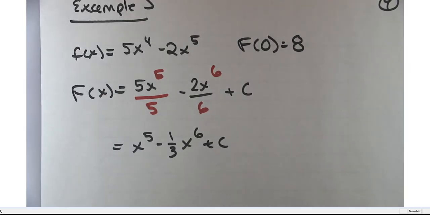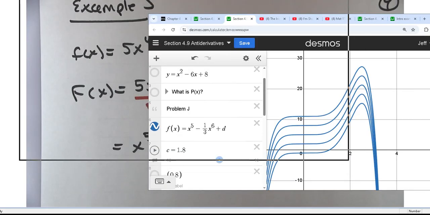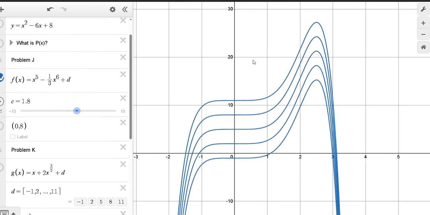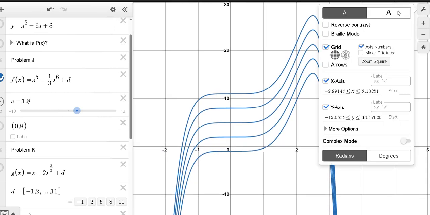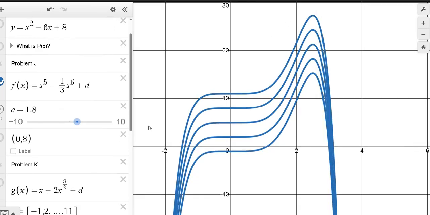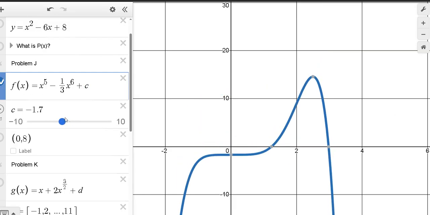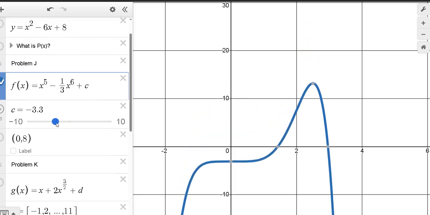So let's try and understand the implications of that. Depending on the values that you choose for your constant, you can get a lot of different curves here. So let me change this to a C real quick. And then I can move this up and down. It can be anything I want.